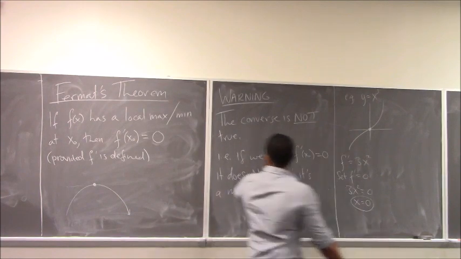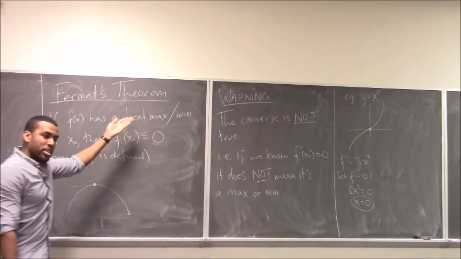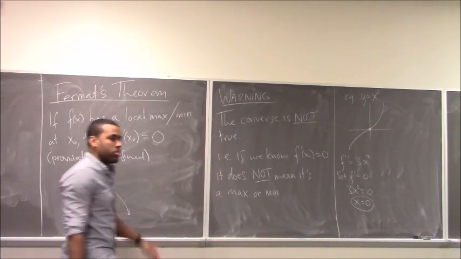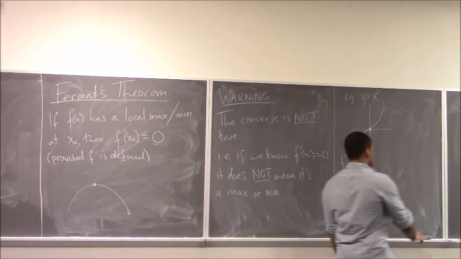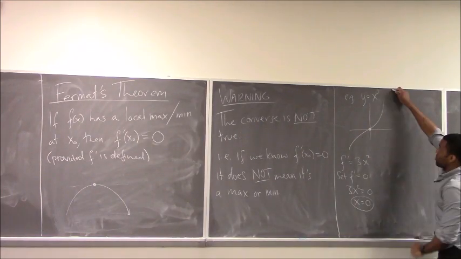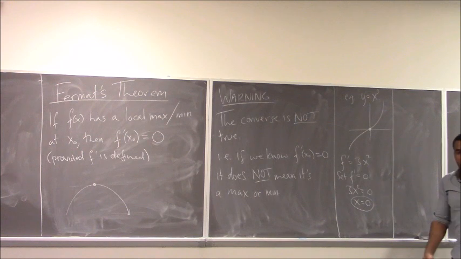But it goes the other way. If you know there's a maximum or minimum, it turns out your derivative will have to be 0 as long as it's defined. It's also possible for the derivative not to be defined, and you can have a max or a min.